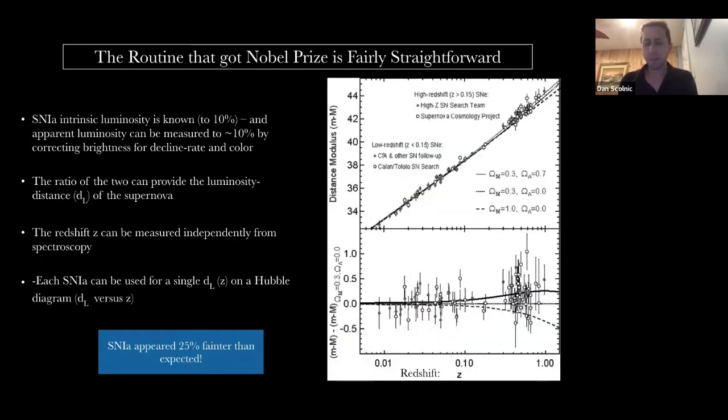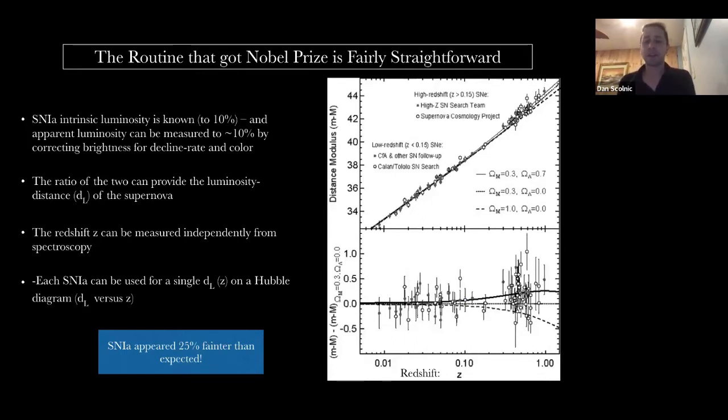To do this, we often make what's called the Hubble diagram, which you see on the right. This is one of the original ones, combining the High-Z team and the Supernova Cosmology team.